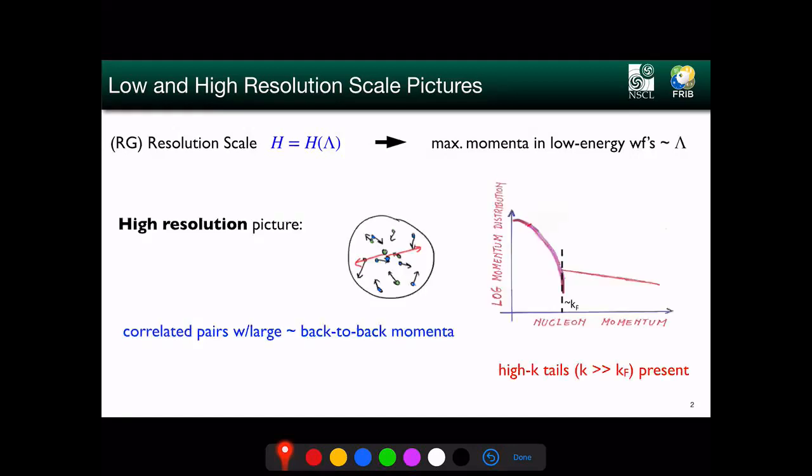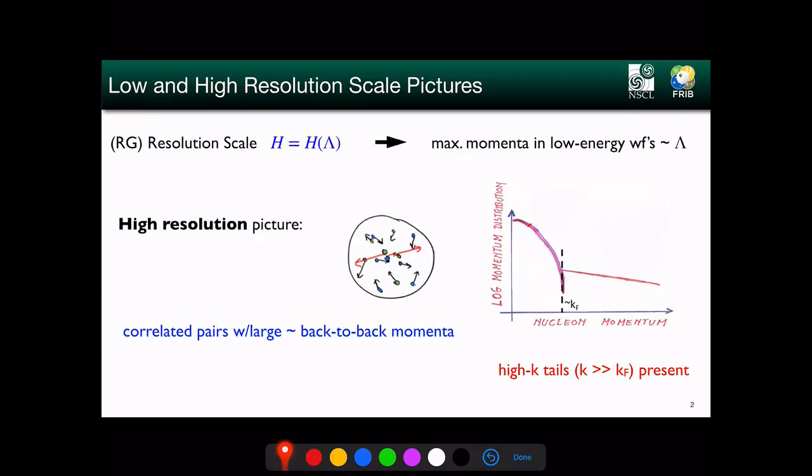Let's start off with just a cartoon of what we mean by a high resolution picture. This is a Hamiltonian with a very large cutoff. You can imagine taking a snapshot of the nucleus, and you might find isolated pairs with very large back-to-back momentum that have been kicked up due to the strong two-body interaction.